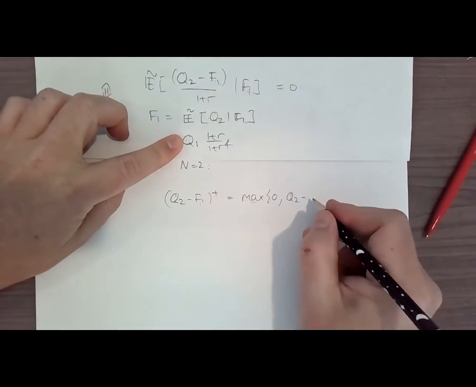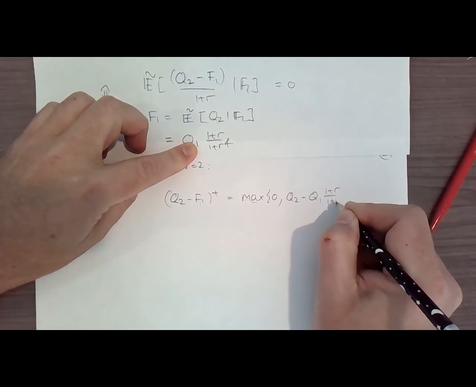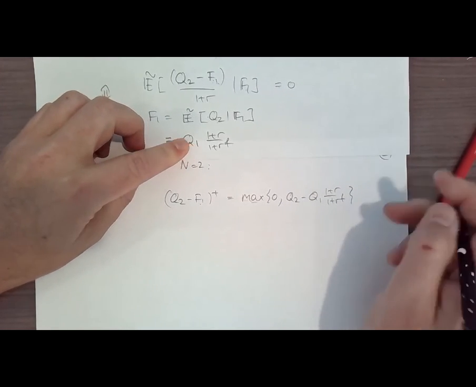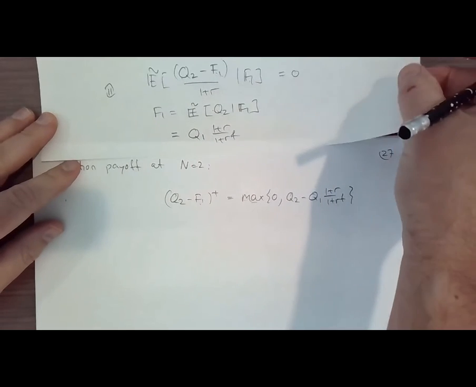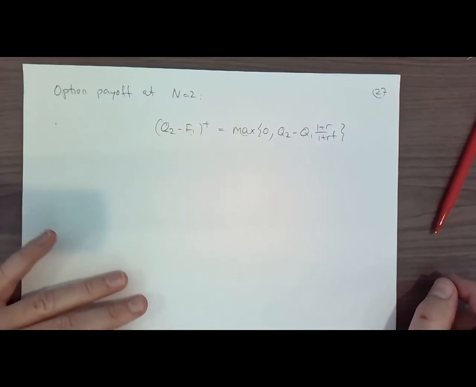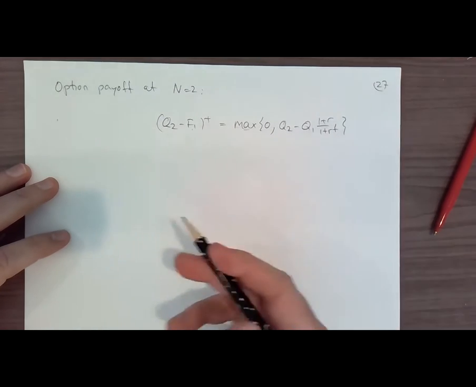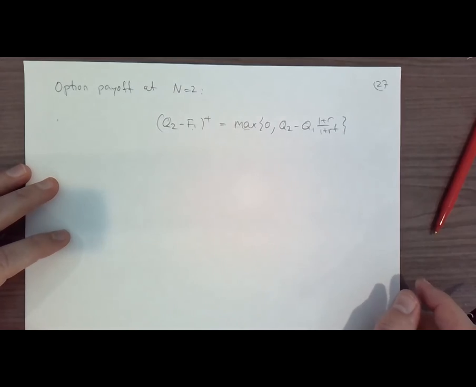So this is Q1 times (1 plus R)/(1 plus RF). And now we're good to go, because we can just grow our tree the way that we usually do.